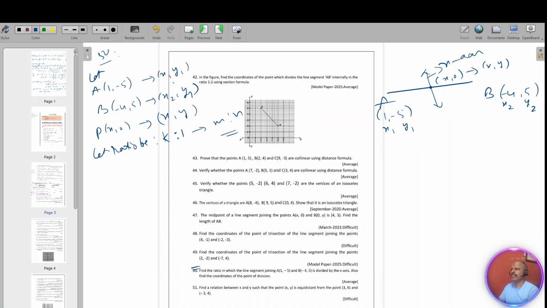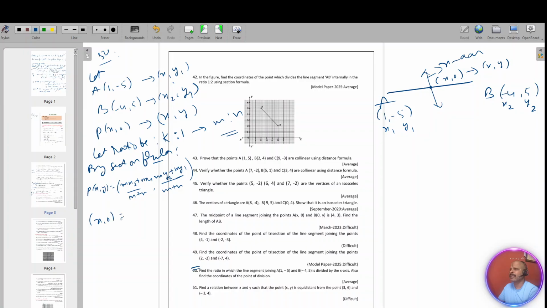It's a very important question actually. How do you apply it? By the section formula, what we get is P of x y equal to (m x2 plus n x1) by m plus n, (m y2 plus n y1) by m plus n. We have all the values except k and x. What is the value here?